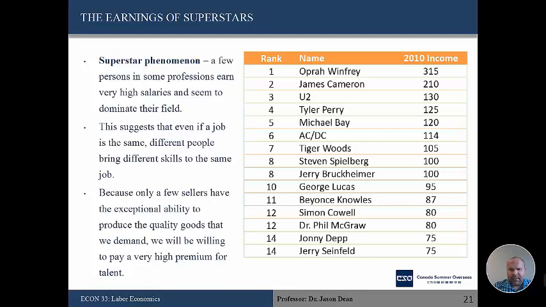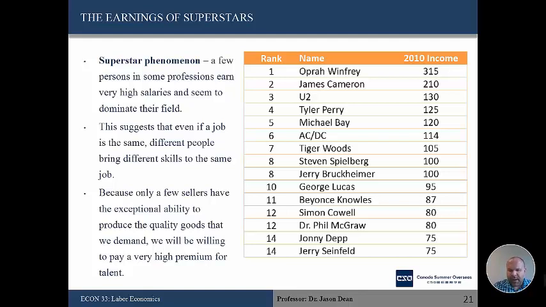And it's not that surprising. What's going on here is that only a few sellers have the exceptional ability to produce quality goods or talent, singing very well, that we demand.